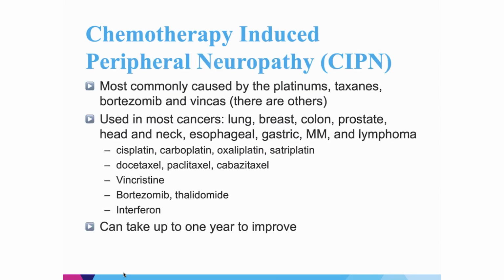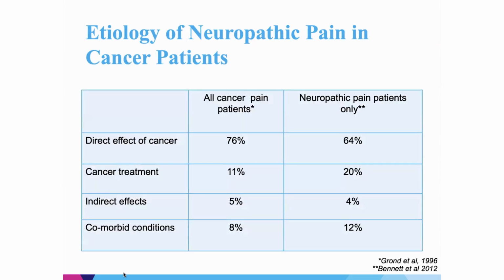So chemo-induced peripheral neuropathy is most common with certain families of chemotherapies. As I said earlier, often you see certain toxicities more commonly with certain families. There are a number of different chemotherapies that can cause it. And unfortunately, once it happens, it can take up to a year to improve. And for some patients, it won't improve.